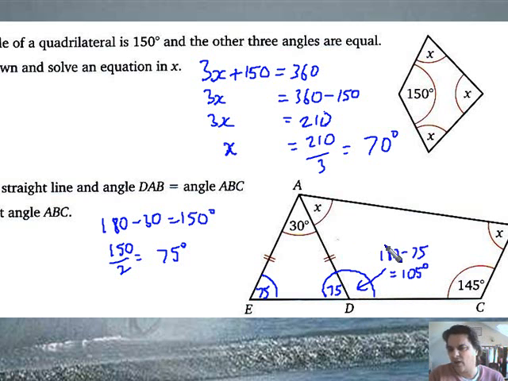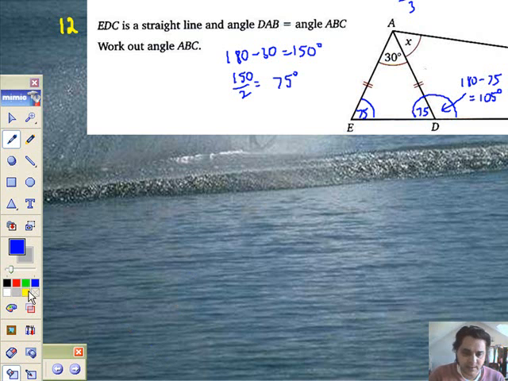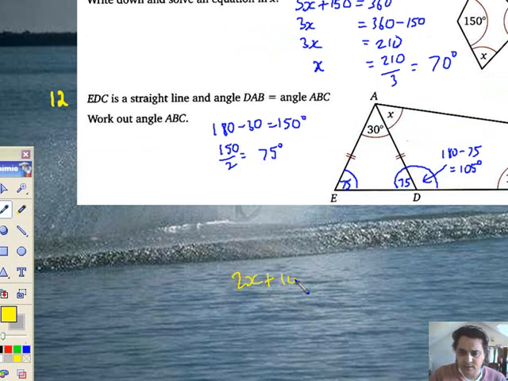Alright, so I'm now getting close to where I want to go. This x plus this 145 plus this 105 comes to 360, because I have a quadrilateral here. So I've got 2x plus 105 plus 145 already given, all comes to 360.